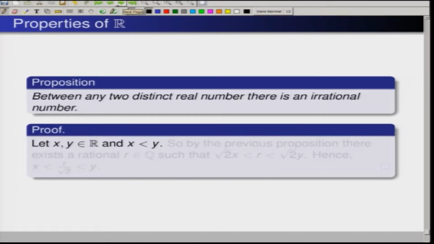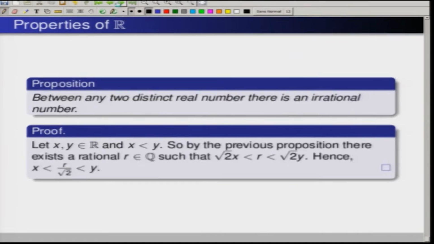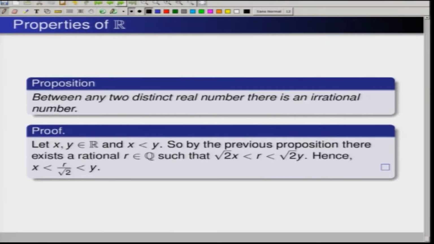Similarly, between any two distinct real numbers there is an irrational number. Take x strictly less than y. If x and y are real numbers, then root 2 x and root 2 y are also real numbers, because the set of reals is a field.